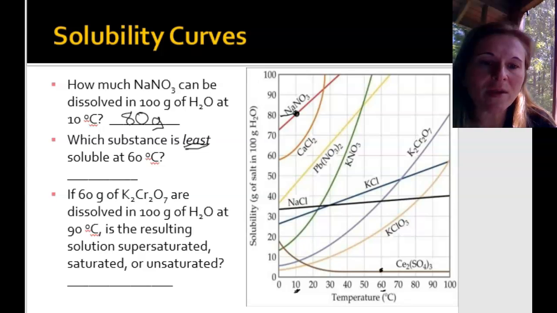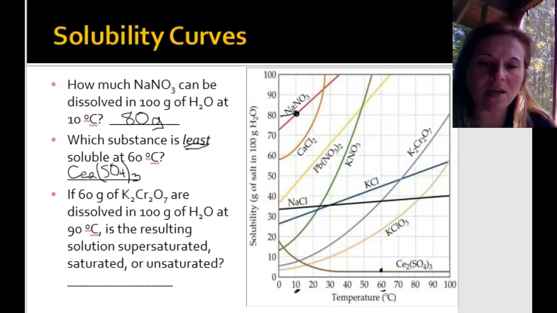And the first line that we hit is cesium sulfate. So our answer here is Ce2SO4.